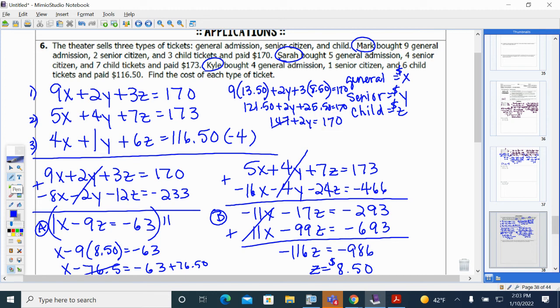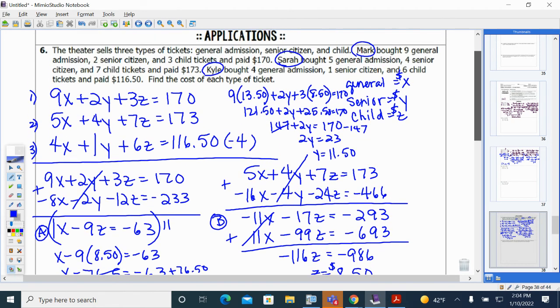So now when I subtract 147, 170 minus 147 is 23. And then divide by the 2, and you get 11.50. So the general admission is 13.50.